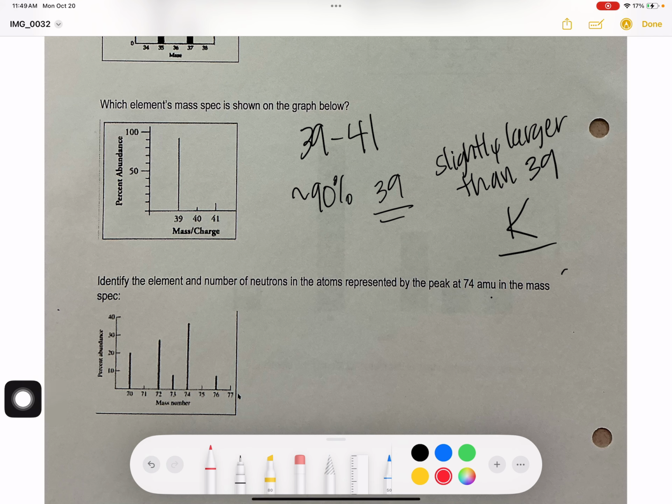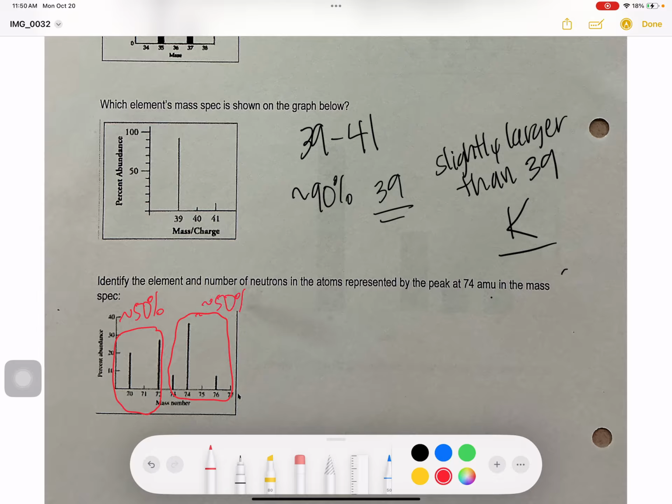We could do this calculation like we did before, but we could also see that the first 2 isotopes, with masses 70 and 72, have abundances of 20 and close to 30. That accounts for about 50% of all the isotopes of this element, meaning all the rest of these would have to account for the other 50%.